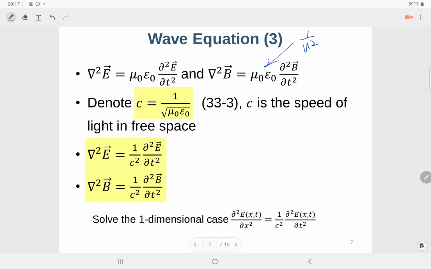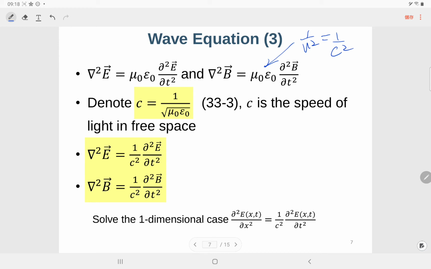And now we know that it is the EM wave, so the speed should be the speed of light. So v should be c, and this is 1 over c squared. In this case, we know that c should be 1 over the square root of mu naught epsilon naught, which is the speed of light in free space.